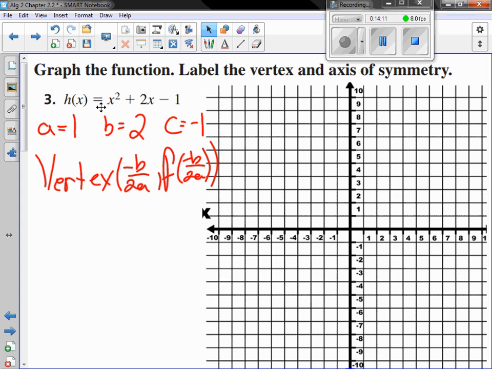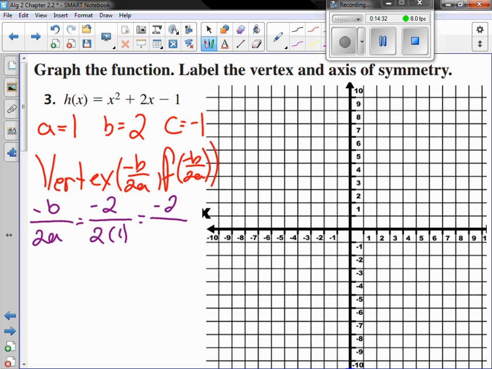We're going to have our negative b over 2a, and then once we find that value, we plug it back into the function. It should be negative 2 over 2, which is negative 1.